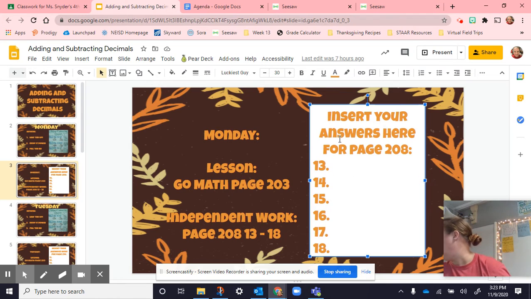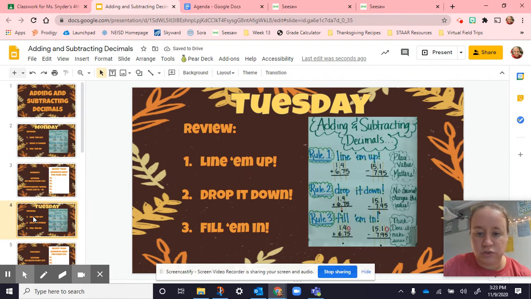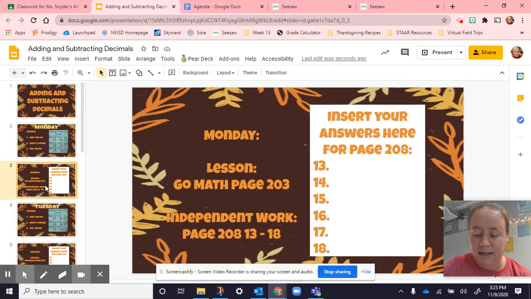So this is in your blue volume 1, open to page 208, and you have questions that are multiple choice. You're going to put your answer. So if 13 is A, you're going to just type A there. If 13 is B, you're going to type B all the way down. So this page should be done. The next page is Tuesday, so stop once you finish Monday, and you're done with your independent work.